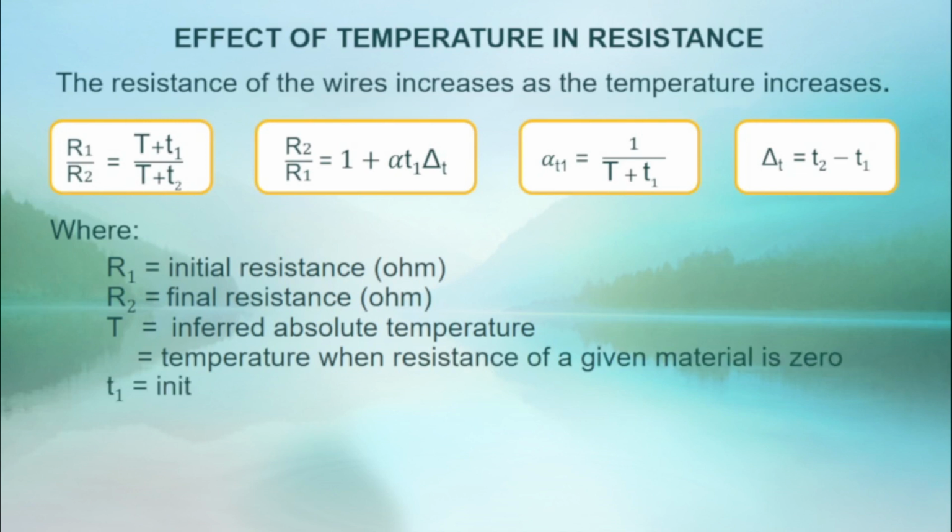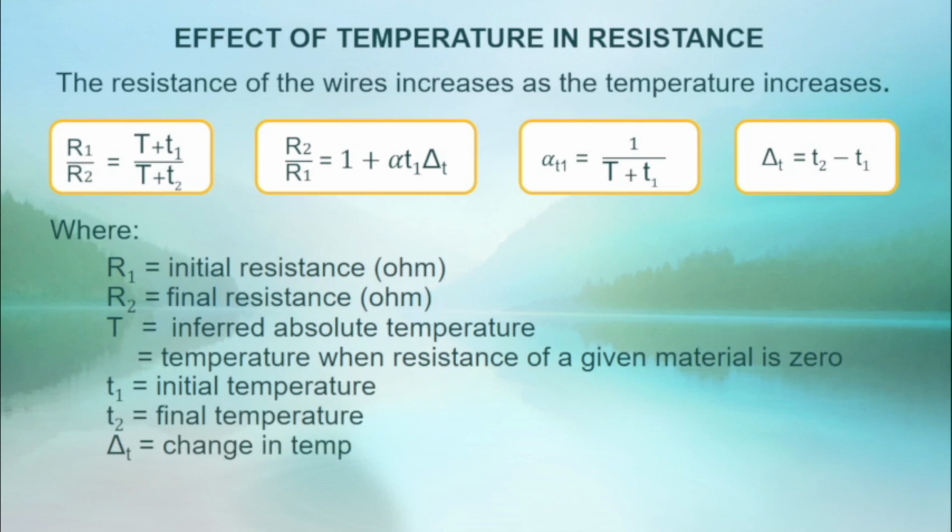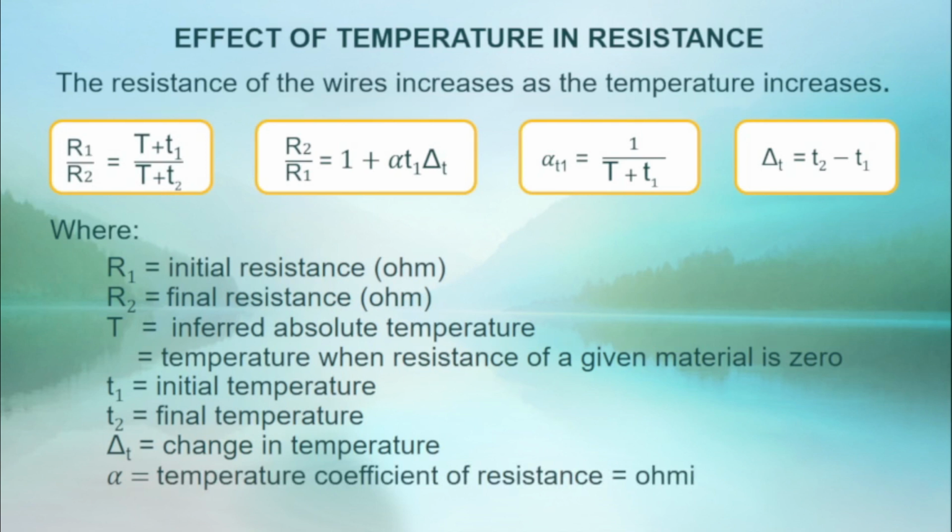T sub 1 equals initial temperature. T sub 2 equals final temperature. Delta T equals change in temperature. Alpha symbolizes temperature coefficient of resistance or ohmic change per degree per ohm at some specified temperature.